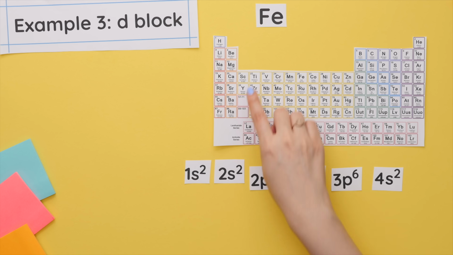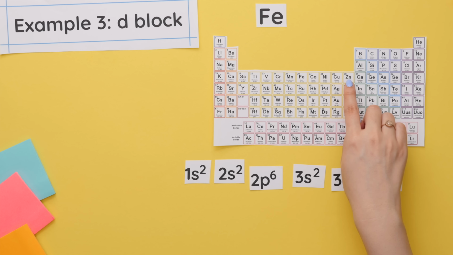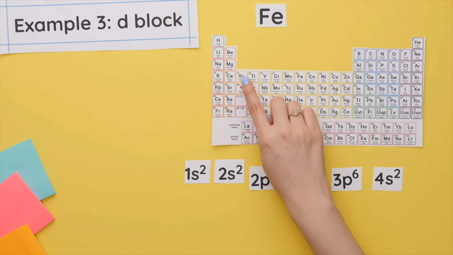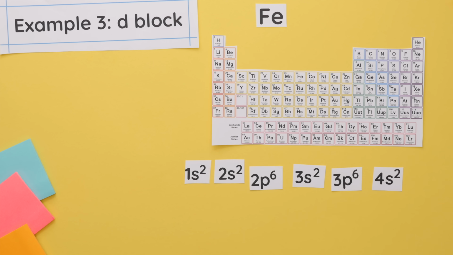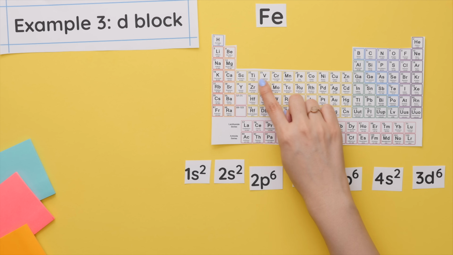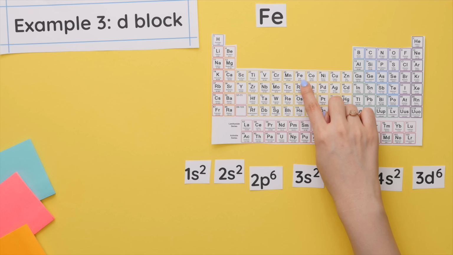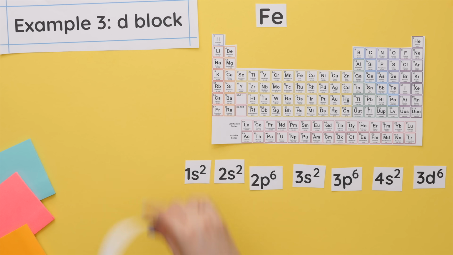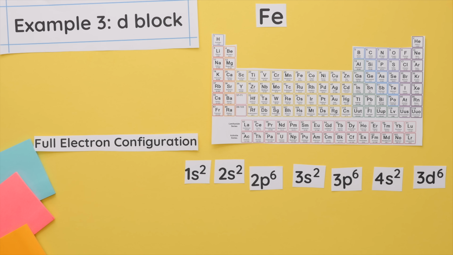Now, we are in the D block, and the coefficient or number in front is always 1 less than the row it is in. So instead of 4d, this is actually 3d. And we will count up until we get to iron. So 3d1, 2, 3, 4, 5, 6, 3d6. This is our full electron configuration for iron.